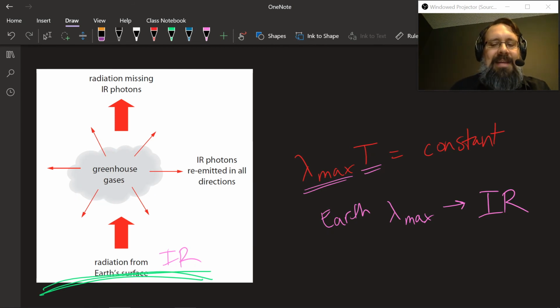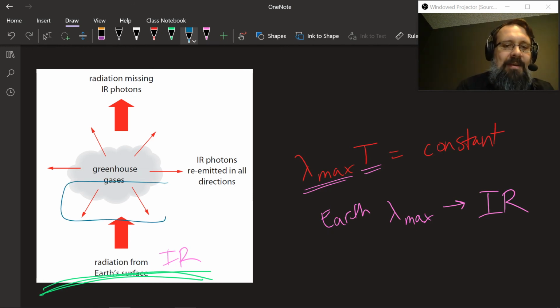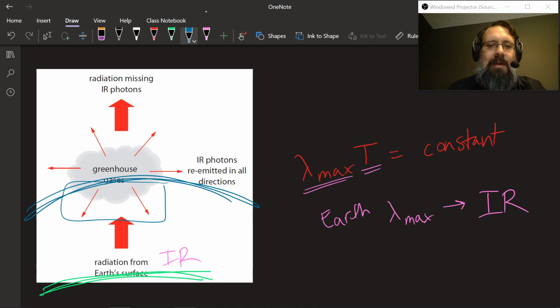When they fall back down, they end up re-emitting those photons, but they get emitted in random directions, in every direction. Some of that light ends up coming back down to the Earth. So the overall result is that not all that light was able to make it out, because some of it got sent back towards the planet.